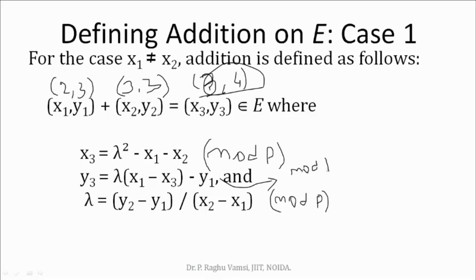Whatever operation you do with the elliptic curves, all the operations must be moduloed with p, from the generation of the points to point addition, point doubling. Clear? So this is the way you are supposed to perform point addition in case 1.